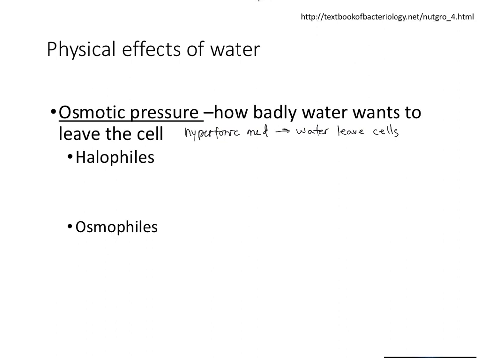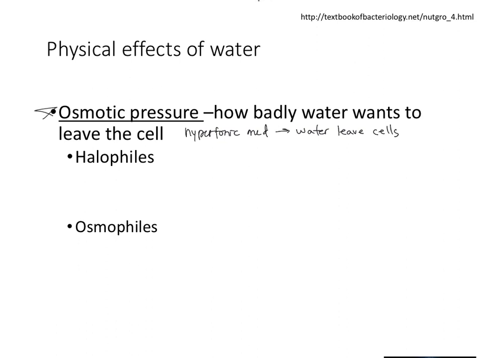Okay, and it's true that we could have a really hypotonic medium. We could have distilled water. Really, in nature, you're not going to have distilled water. So it's usually not a problem where too much water is coming into a bacterial cell, again, because of that cell wall.